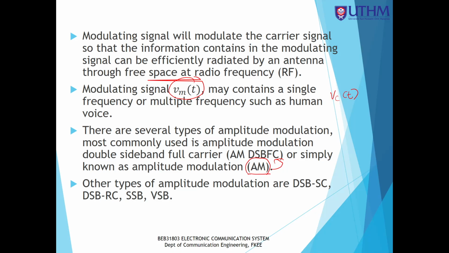AM has a few sets of family. The oldest one is the double sideband full carrier, and then it has other siblings like the double sideband suppressed carrier, double sideband reduced carrier, single sideband, and also the vestigial sideband. We will learn about this later.